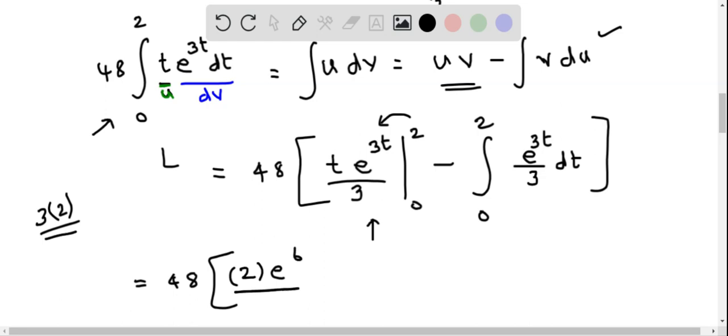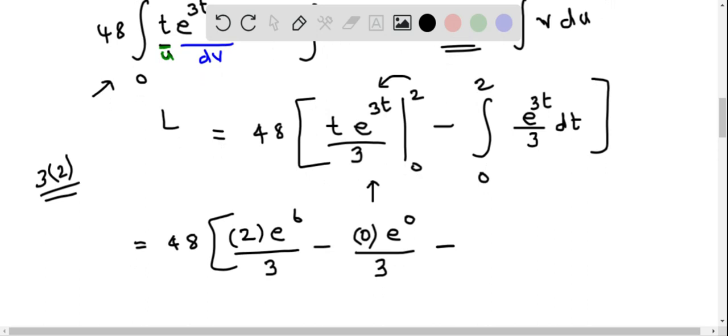So it is e raised to the power of 6 divided by 3 minus, we now apply the lower limit. When we apply the lower limit in place of t, this becomes 0 times e raised to the power of 3 times 0, which is 0. So I can just put this as 0. Then this is divided by 3. So we are done with evaluating the expression.